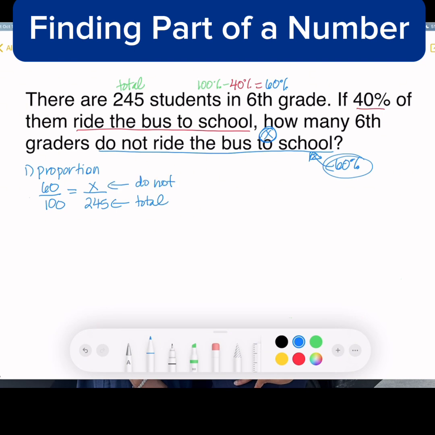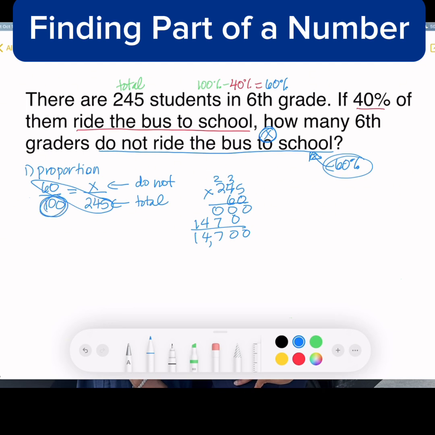And what the kids can do now is some cross multiplication. And so they get 245 times 60, and they get 14,700. And then they divide by 100.